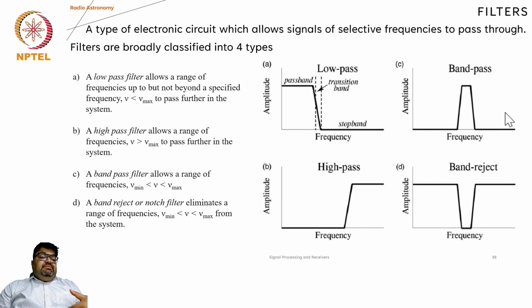The reverse of the band pass is the band reject or notch filter, which only rejects the signals between that minimum and maximum frequency. Suppose you have a very strong GSM signal line at 900 megahertz or so. You build a notch filter so that your telescope can operate in the same frequency range without getting affected by that particular signal.